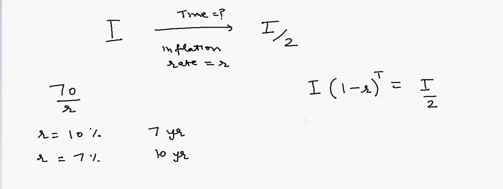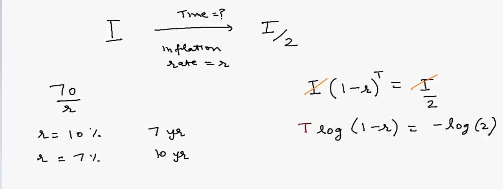In that case, if we solve this equation, then the I would cancel out, and we will have T log of 1 minus R is equal to minus log of 2, right?